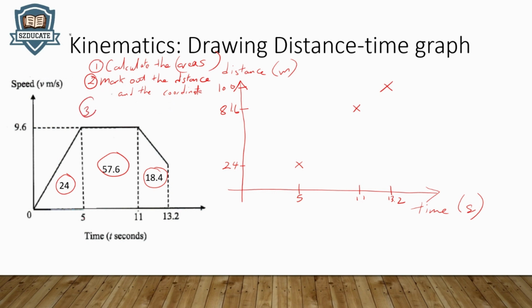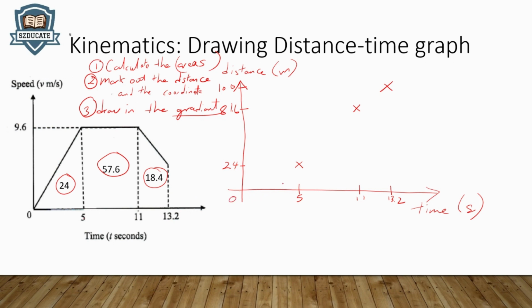After you have marked out the coordinates, then you draw in the gradient. I specifically use the word gradient. Why? Because gradient in a distance time graph, refresh yourself, means the speed. And where can we find the speed? We can find it in the speed time graph, reading off the y-axis.